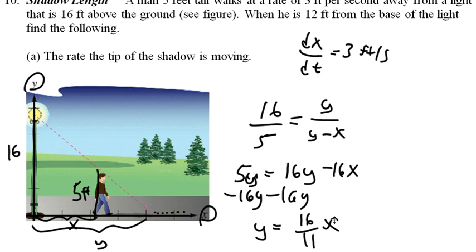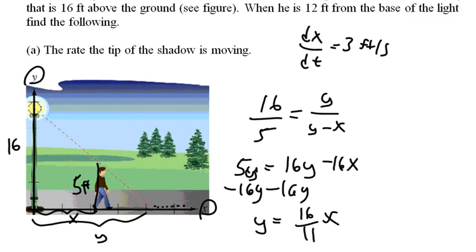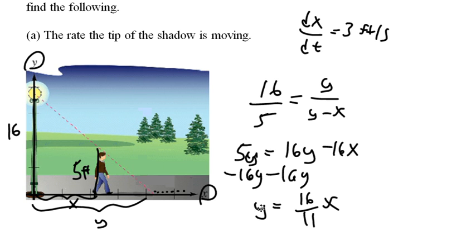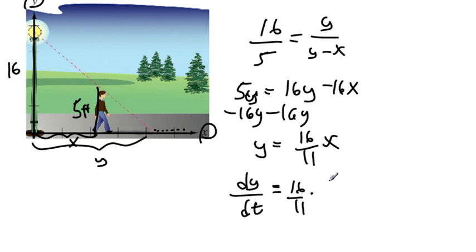We need to find the rate at which the tip is moving, right? Wouldn't that be dy dt? How fast is this guy moving right here, the whole thing? So let's find the derivative of this with respect to time. The derivative of this is just 16 over 11, but you have to tack on a dx dt.